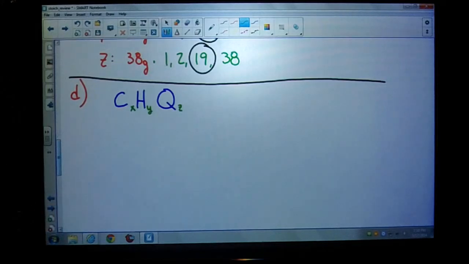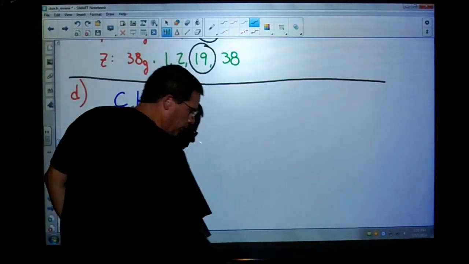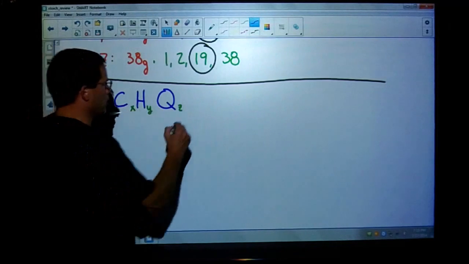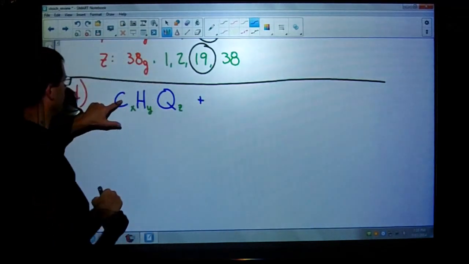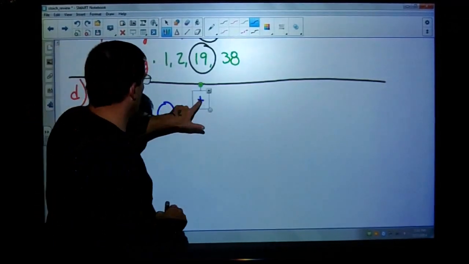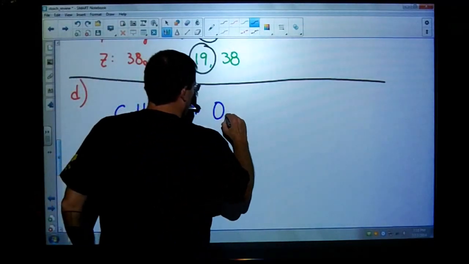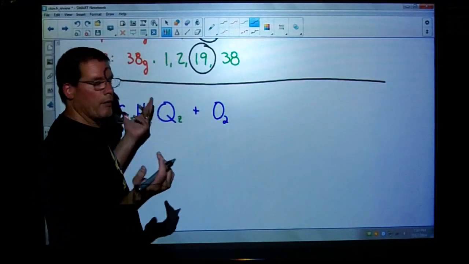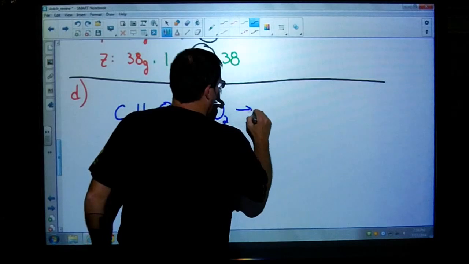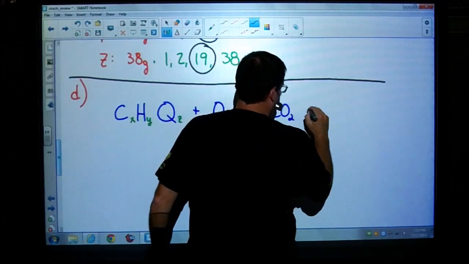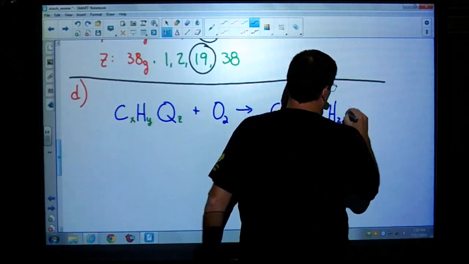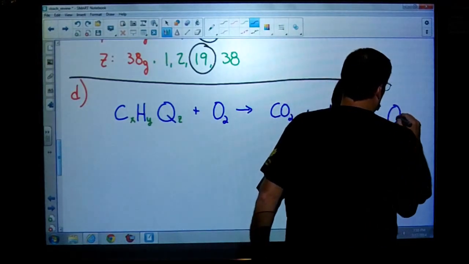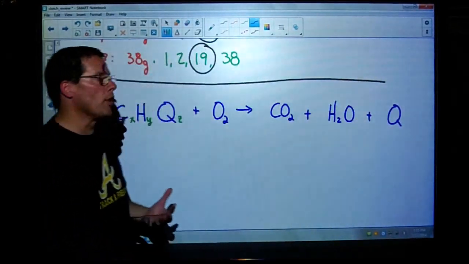The question says that the carbon and the hydrogen were oxidized. Actually, let's get this all down. So it reacted with oxygen, and we don't know how much. It's obviously in excess. And it formed carbon dioxide and water. And, of course, Q all by itself, since Q was not oxidized.